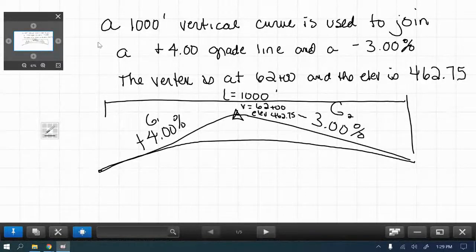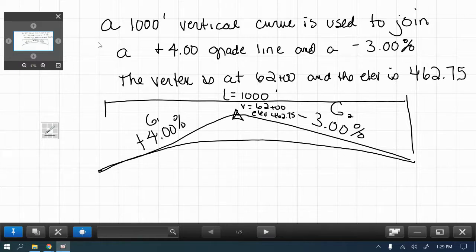All right, so we are going to do a vertical curve. This is a really long vertical curve. Yours will not be near this long for the test. So it's a 1,000-foot vertical curve.